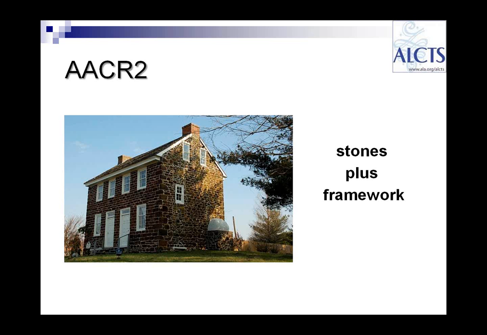I like to use this analogy when I'm thinking about the transition from AACR2 to RDA. If we think of AACR2 rules as the stones, and an AACR2 structure, like for example the structure of Part 1 of AACR2, which is according to Class of Materials chapters, we think of that as the framework. And we have the rules, the stones, built up according to a certain framework, and this is the end product that we see.